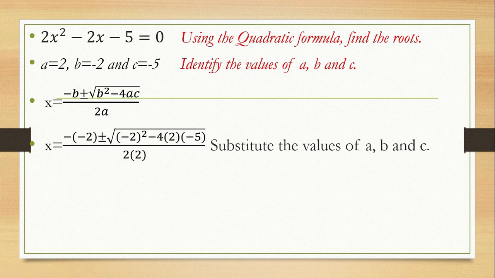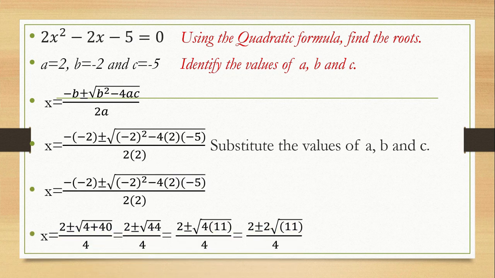So, we have now x equals negative times negative 2 plus or minus the square root of the value of b, which is negative 2 squared, minus 4 times the value of a, which is 2, times the value of c, which is negative 5, all over 2 times the value of a, which is 2.